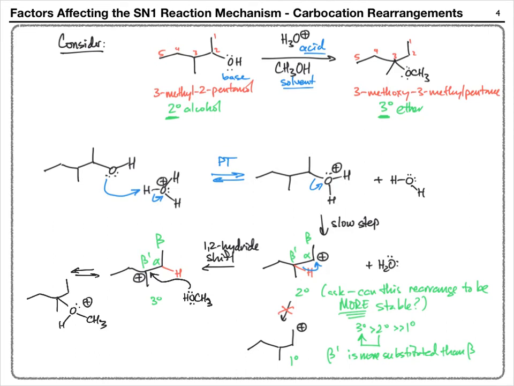So we're left with this intermediate here, which is a protonated ether. So we're going to do a proton transfer. You can show that with the solvent if you want. And so this PT, proton transfer, that's fast.